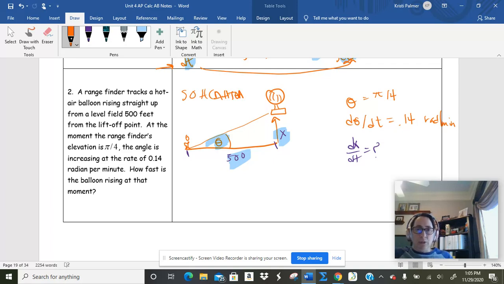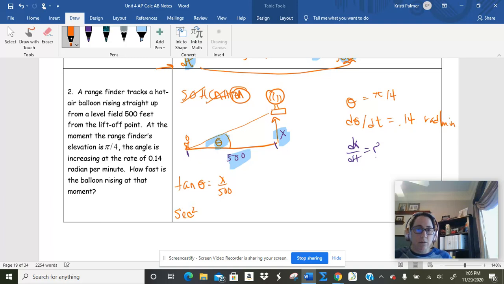This one is the adjacent, so I know sine's out, and this one is the opposite, so I know cosine's out. We are in a tan situation. So tan of theta is opposite over adjacent. This is in 2 variables, so I can go ahead and take that derivative.